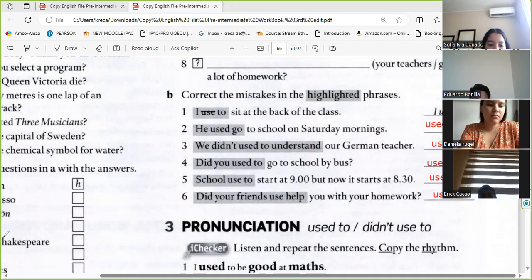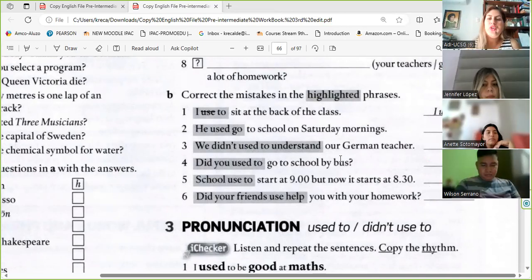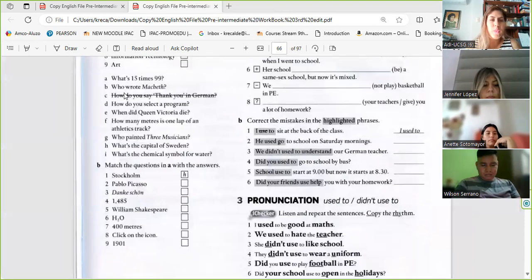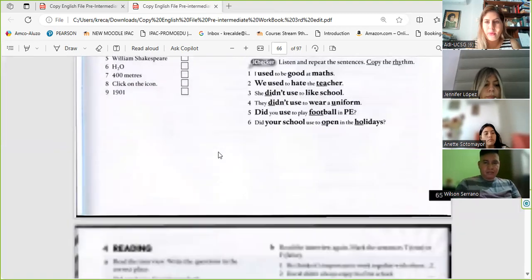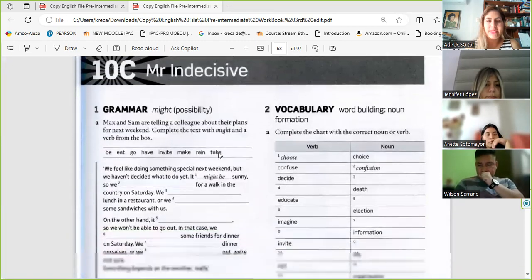Now let's continue reviewing because yesterday I explained used to, but we also saw another class. Very easy. When we talk about possibilities, what was the word that we used yesterday? Do you remember? What was the word?